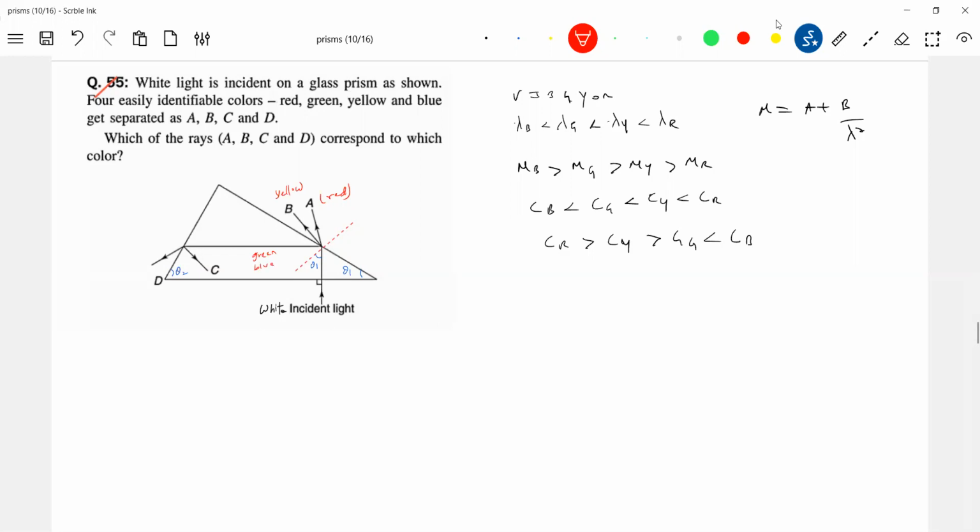No, let's come to this one. What is the angle of incidence? 90 minus theta 2 will come, no? Okay, some I'll bring it. This should be the normal. Look carefully now.